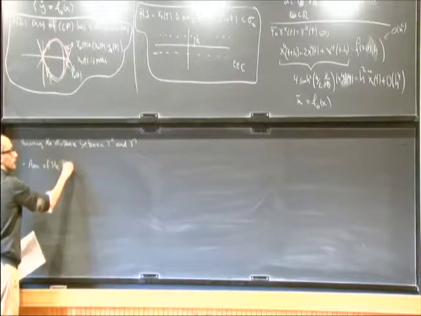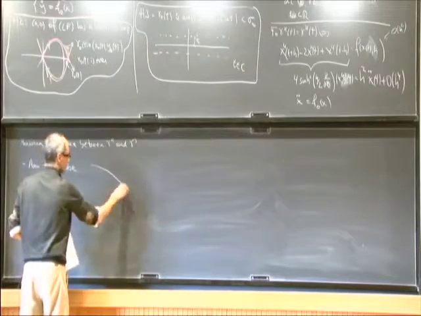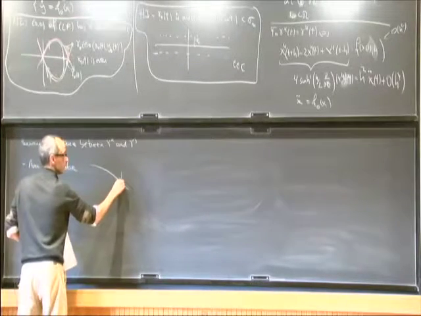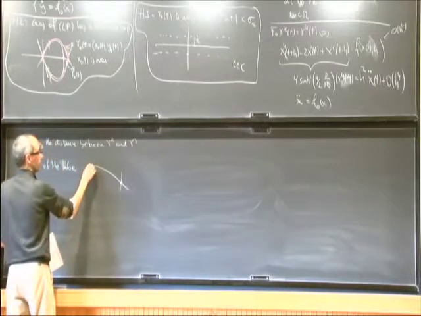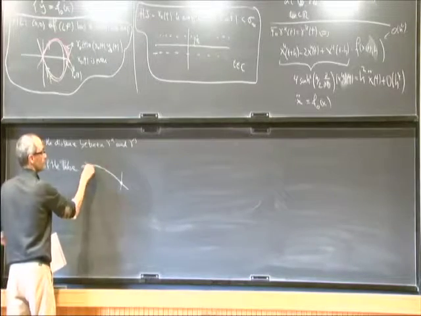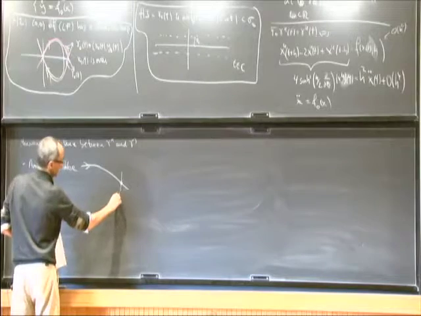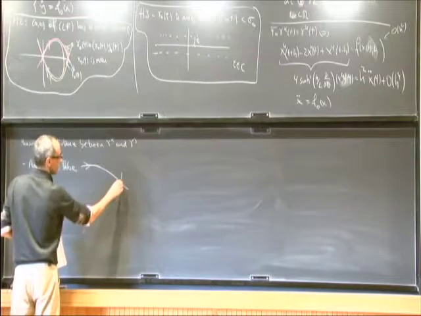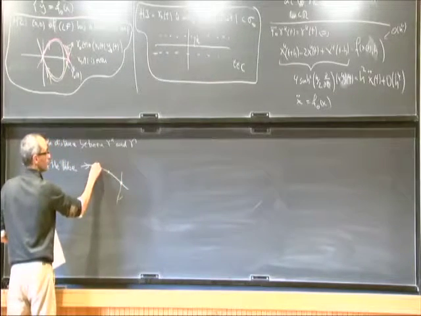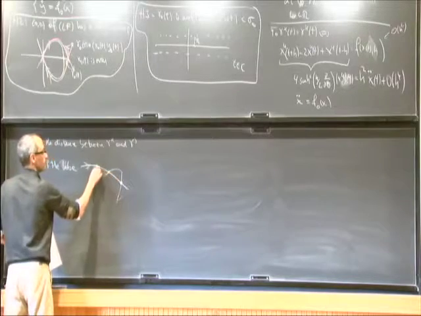If they intersect, this is going to be one homoclinic point. This is the unstable, this is the stable. The pre-image is going to be around here.